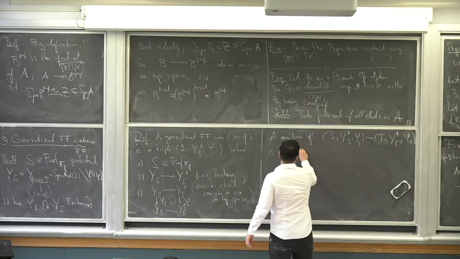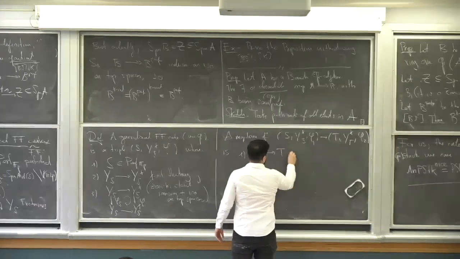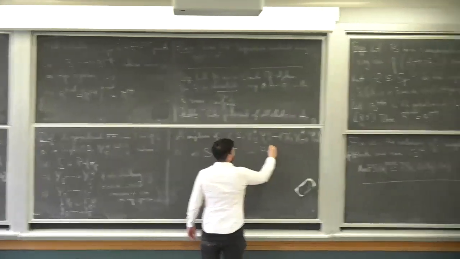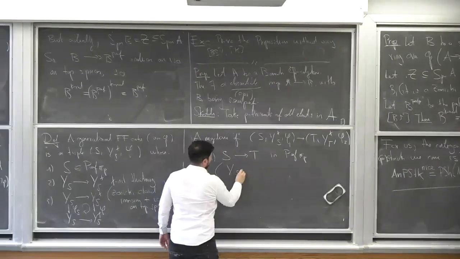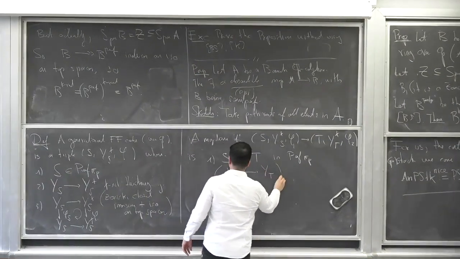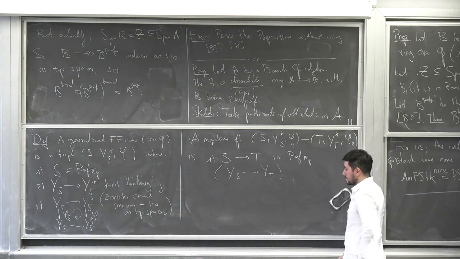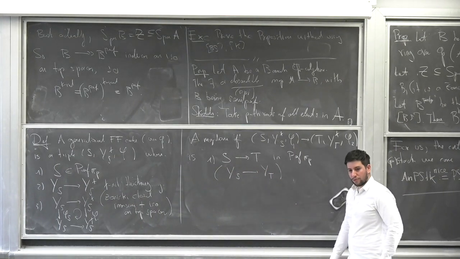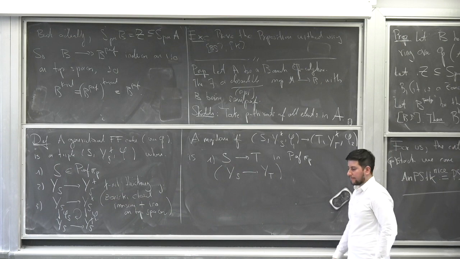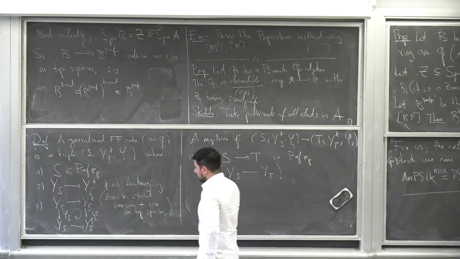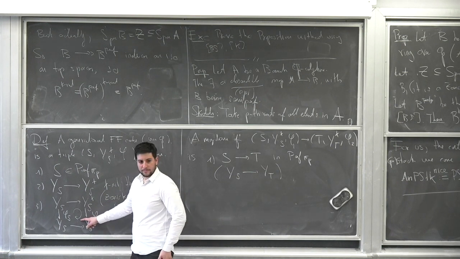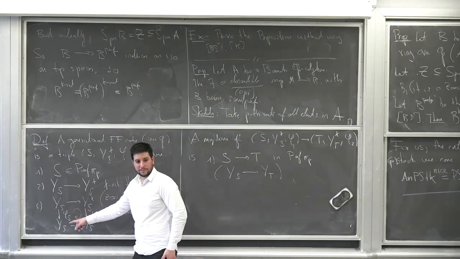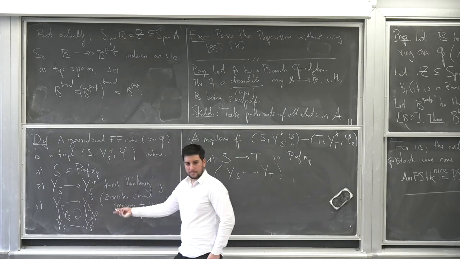So this is first a map of perfect spaces, which automatically is going to induce a map. P is just an extension of the Frobenius. You also wrote some symbol there; it's just commutativity.